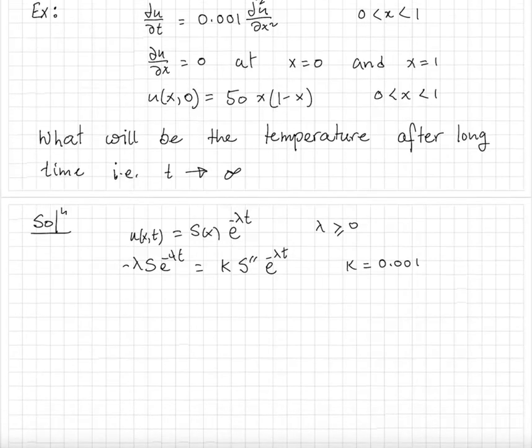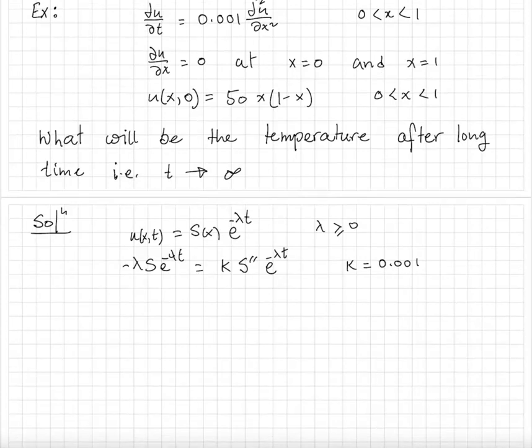That's the idea. Okay, so you see that you can cancel e to the power minus lambda t from both sides, since e to the power minus lambda t is not 0. They cancel out, and then you are left with k times s double prime equals minus lambda times s.